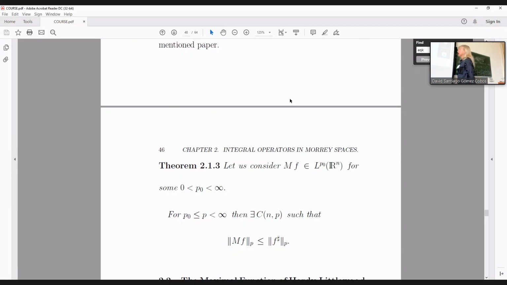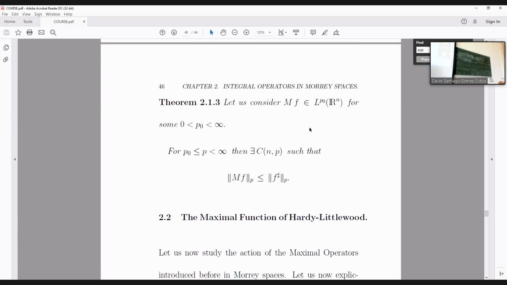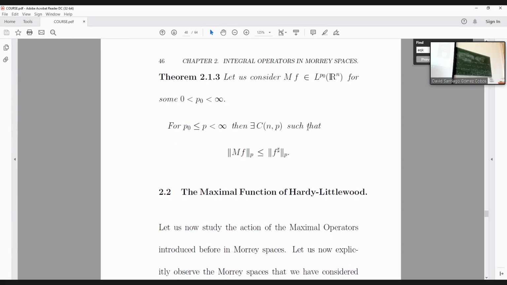Now we can study the action of the maximal operator introduced before in the Morrey class. So what we can consider is now Mf in L^{p,lambda}.